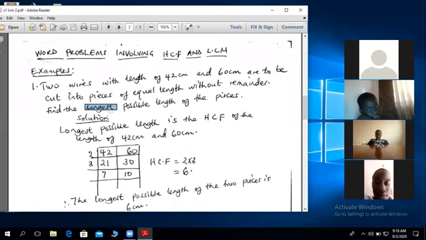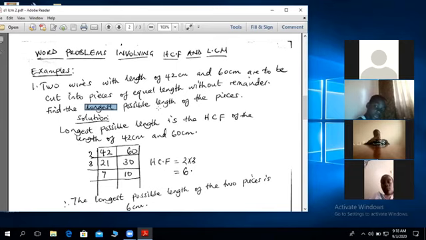Highest goes with longest. Find the longest possible length of the pieces. So we want the length which is going to be equal for the wire that is got from the one of 42 centimeters and the one of 60 centimeters.